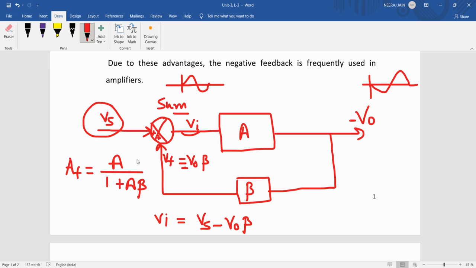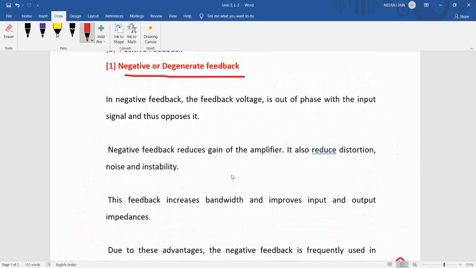That will be the total closed loop gain of this system with applying the feedback. So we can say the gain without feedback was A, after feedback it will be decreased because a term is added in the denominator.